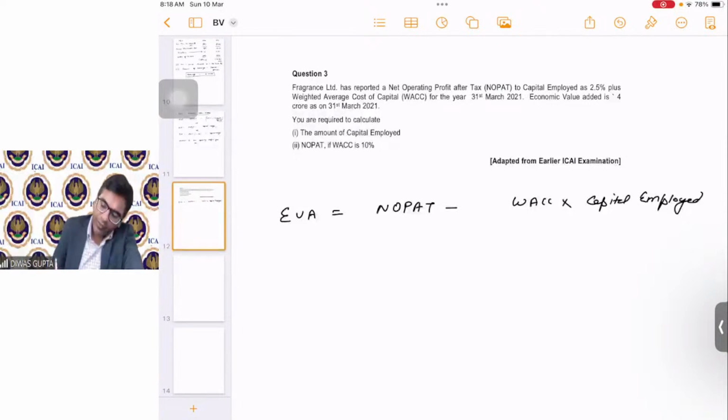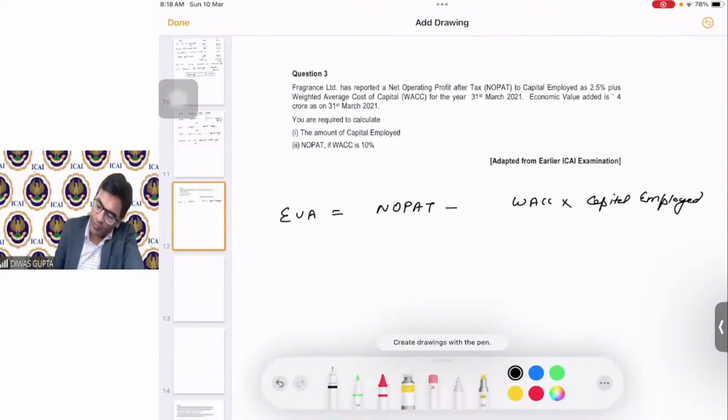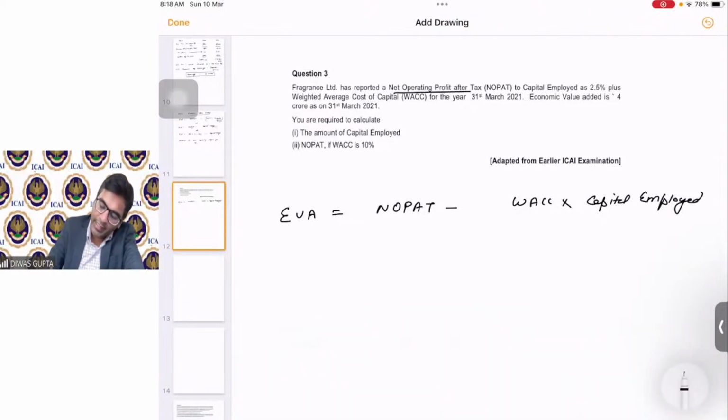Perfect. There is one more piece of information that has been given to us, so we have to break down the first line item. Fragrance Limited has reported a net operating profit after tax to capital employed.